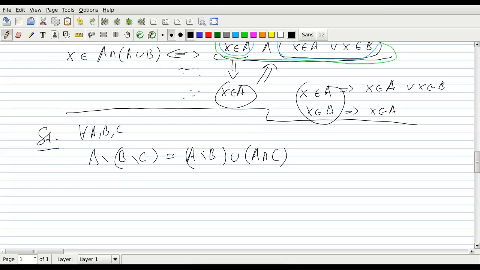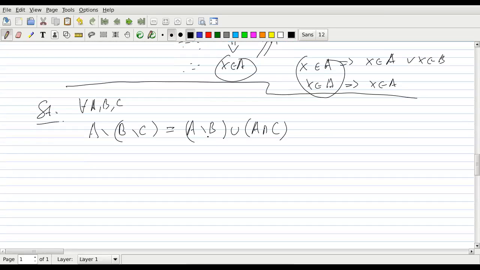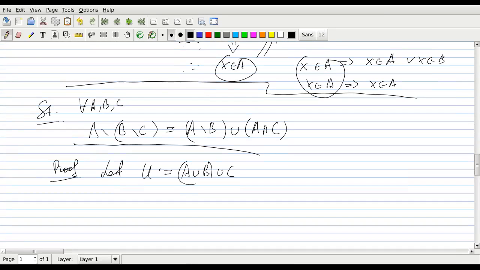Of course, I can use the definition, but it is not a very elegant way to do so. Let's use the identities. At first, let's introduce some universe. Let U be the union of these three sets.